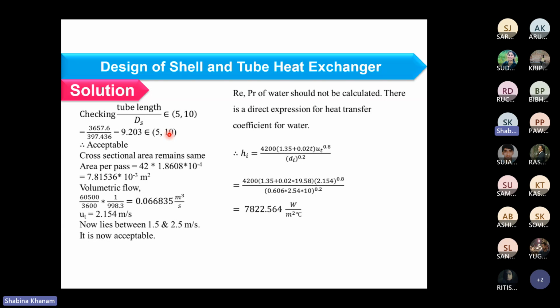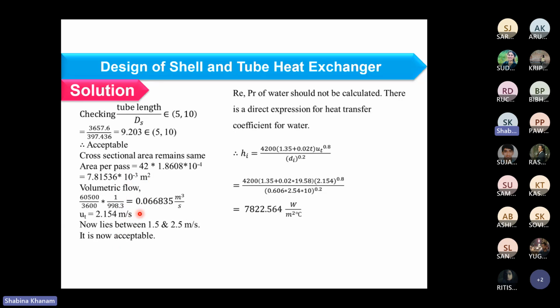So all these things will give you many iterations, and that will depend on the conditions, or what we can say, the assumptions we are taking. So 42 tubes per pass, the area of one tube you have already calculated, so you have the area per pass, and then you can see the velocity, it is 2.159.